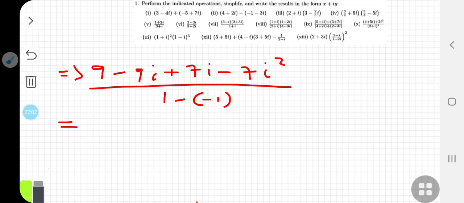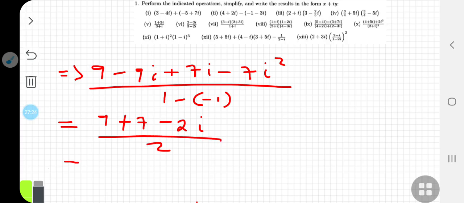From here, I'm going to have 9 plus 7. Then negative 9i plus 7i. So that will just give us what? Negative 2i over 2. That is 1 plus 1, 2. Then from here, just a matter of adding 9 and 7 there, which is just 16 minus 2i over 2.